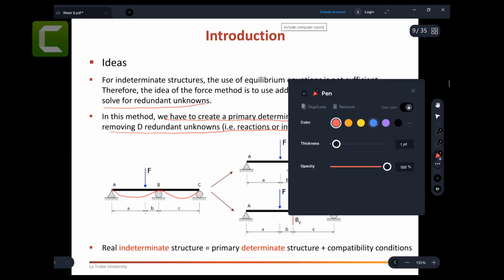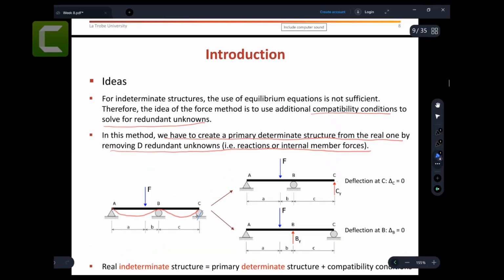But when I remove this one, when I remove these supports, I might get something like this, right? There is a deflection that you get at delta C, because when I remove that support in the primary structure, you will get this deflection.